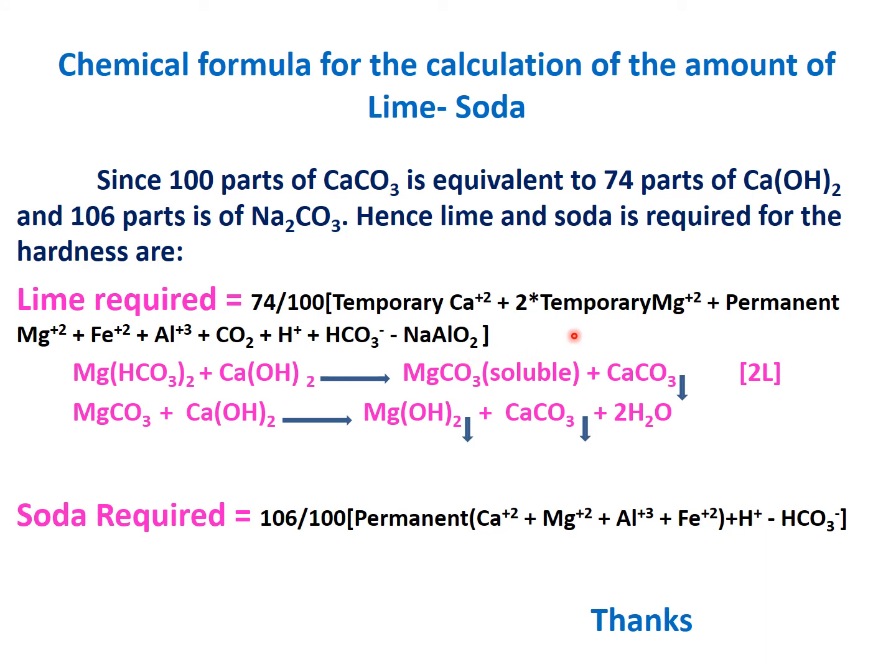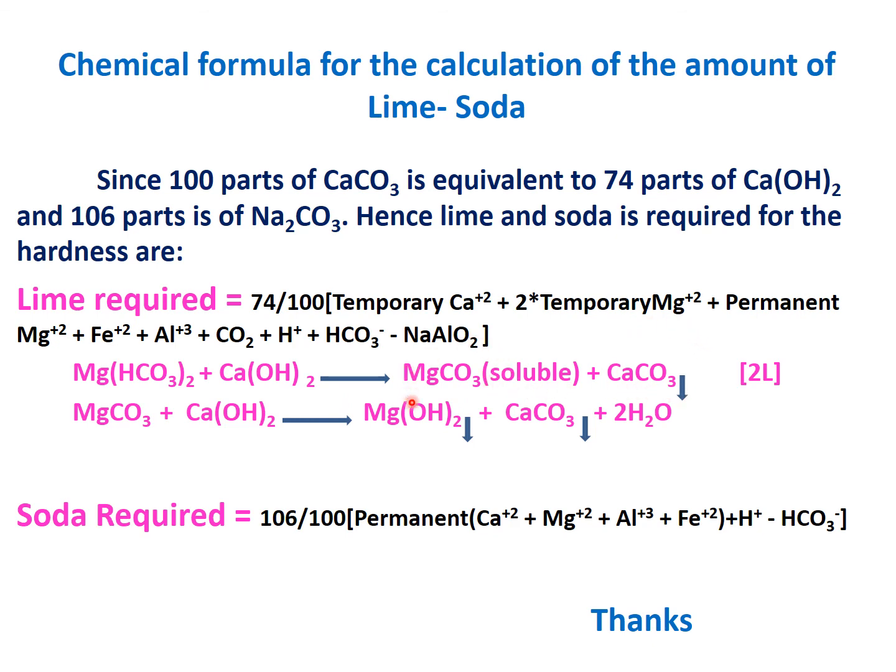So why are we taking 2 times temporary magnesium ion here? Because, as we discussed earlier, suppose magnesium bicarbonate is present in hard water and we react it with the lime. One mole of magnesium bicarbonate reacts with 1 mole of lime and makes soluble MgCO3 plus insoluble CaCO3.